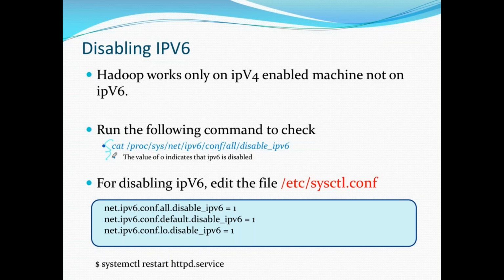You are doing a cat operation, so you check the contents of this file. If it is 0, that means it's disabled. If it is 1, you have to open this file and give these entries, and then start your service. So it will be disabled. Just straightforward. I'm just telling you to complete everything, you should know that IPv6 also has to be disabled.